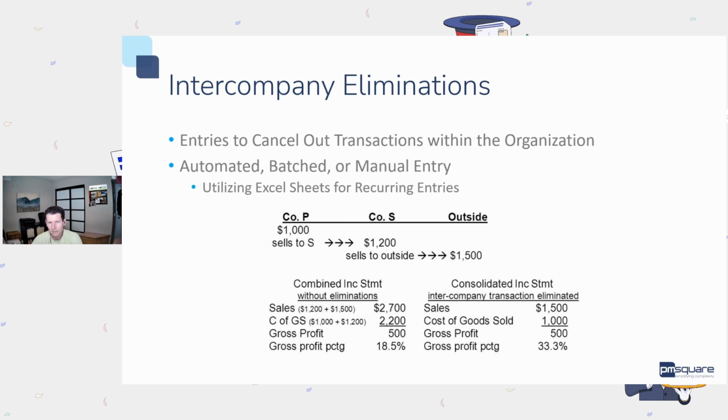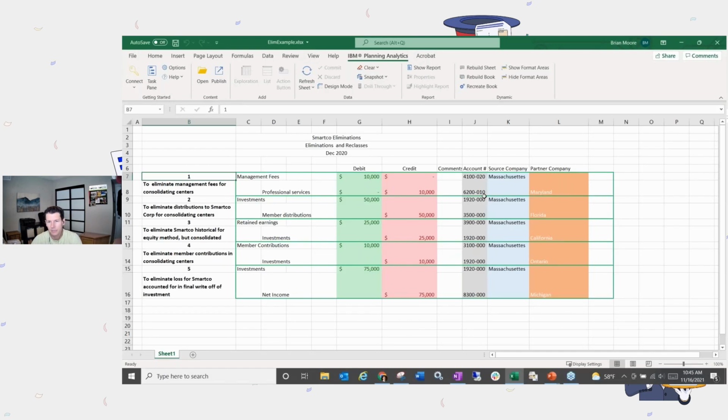So oftentimes we end up doing this in an Excel solution, and PAX is a great candidate for that. Here's an example of just doing an Excel template and building it into PAX, and then putting in your monthly transactions, say management fees, investments, retained earnings, with both the source company and source account, as well as the partner company and partner account.